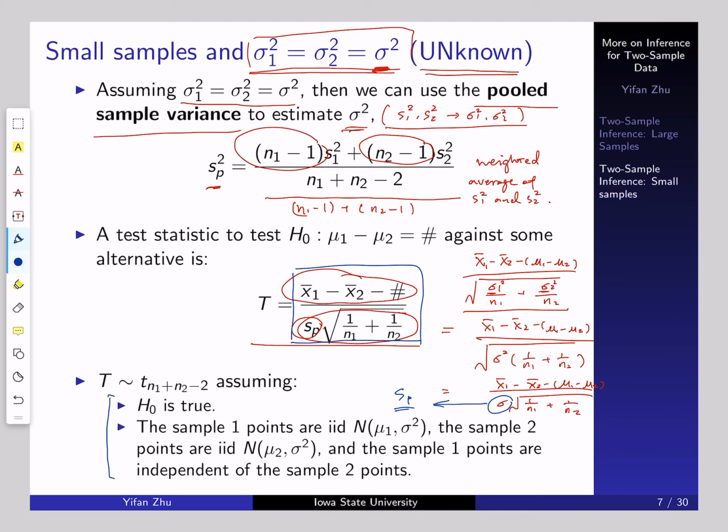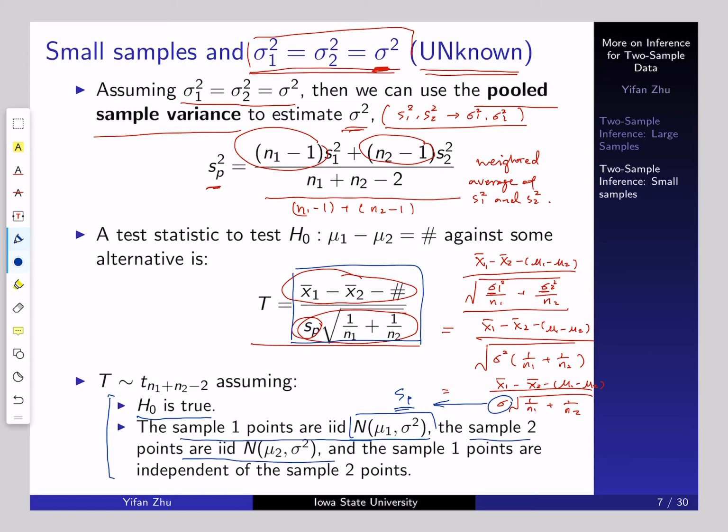Assuming H0 is true, sample 1 points are IID, and there should be a normal distribution with mean mu1 and a variance sigma squared. And sample 2 are also IID, normally distributed with mean mu2 and a variance sigma squared.